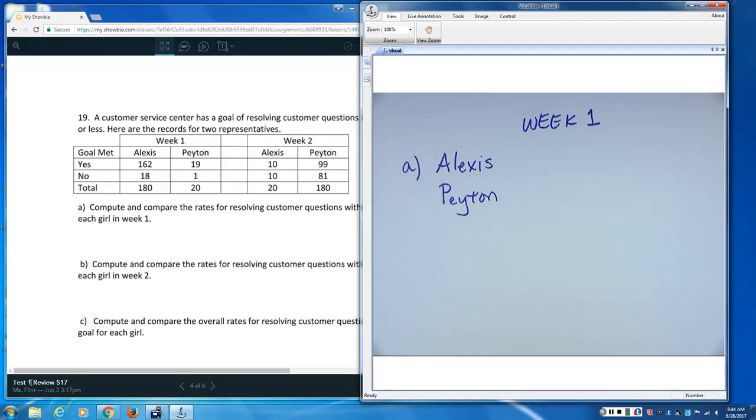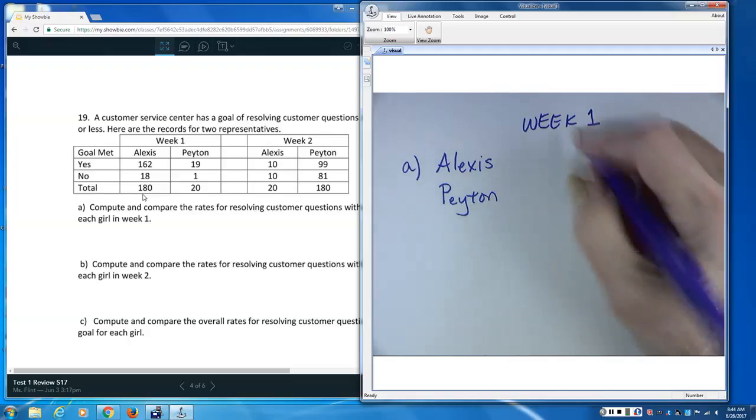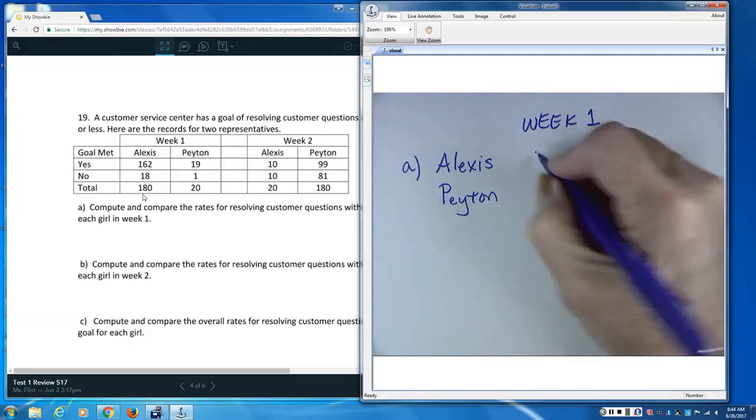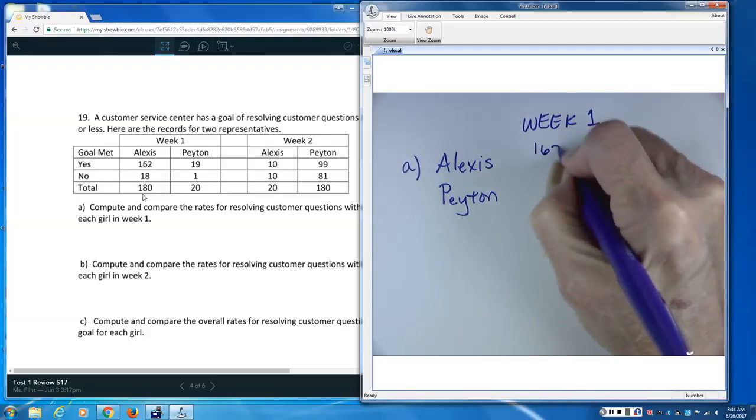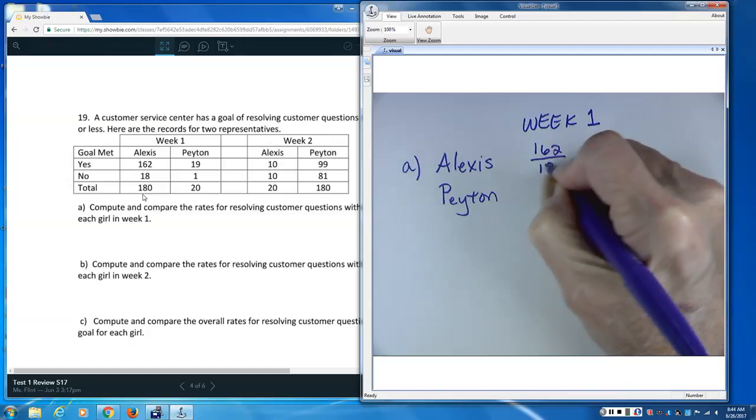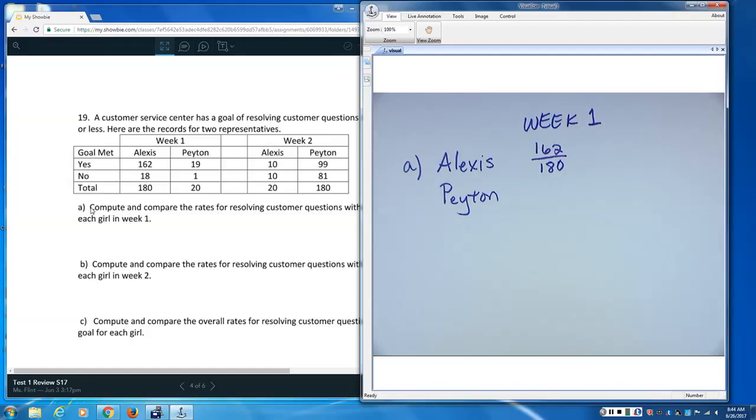So looking at that, Alexis met her goal with 162 out of 180, because you're looking strictly at how many said yes out of how many people she actually talked to. Peyton, on the other hand, got 19 out of 20.